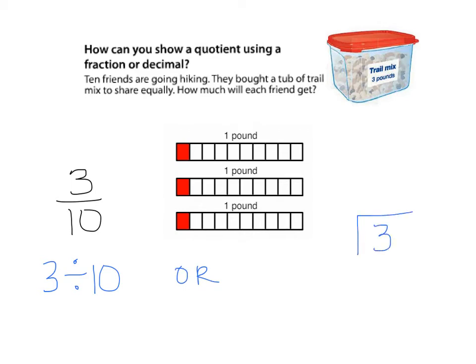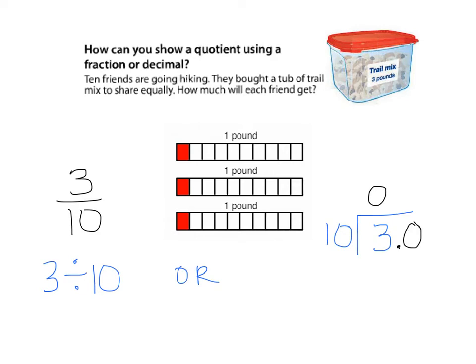So when we set up our problem this way, this is how we're going to help turn it into a decimal. So I have 10 and I need to go into 3. Can 10 go into 3? Absolutely not. So that would be a 0, which would cause me to put a decimal point and another 0.